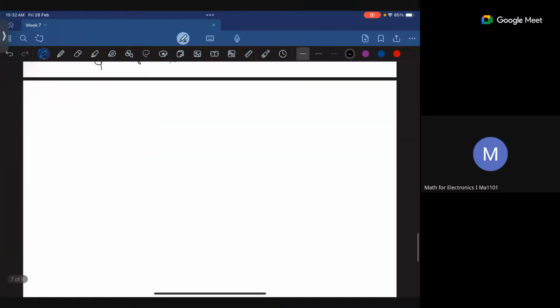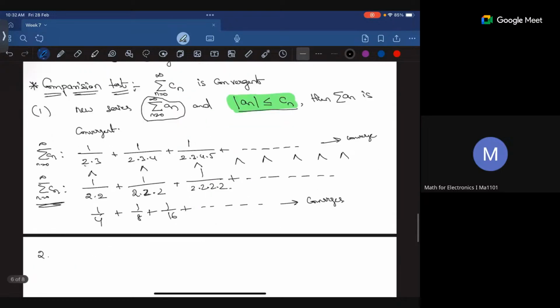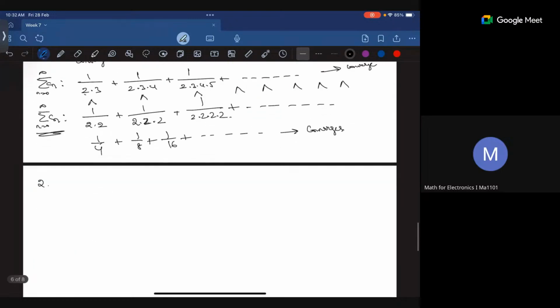Okay, so this is about convergence. How do I prove, or how do I say the series is divergent? For divergence, the same thing: you have a new series with you. If it is the other way around, if all your terms are greater than some dn, so you have a new series an with you.